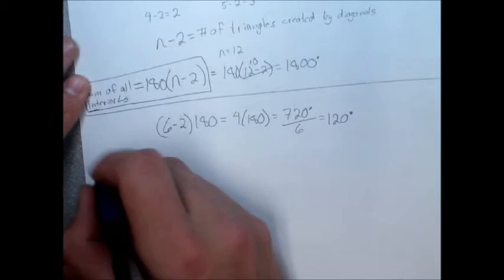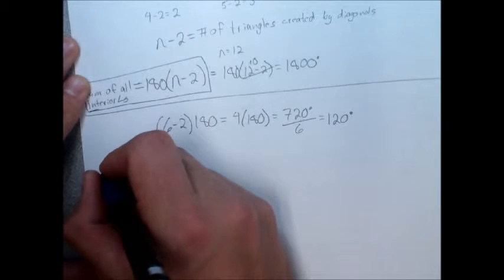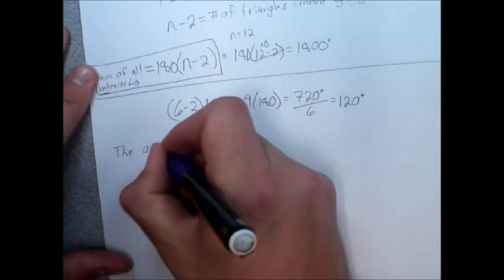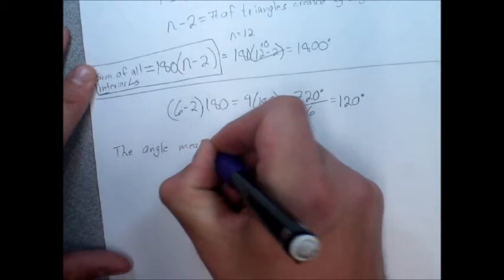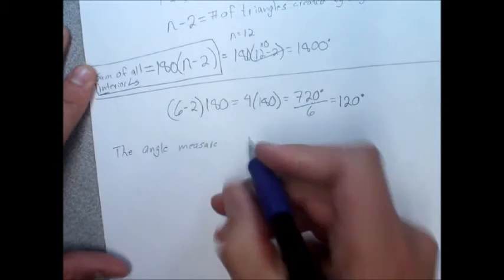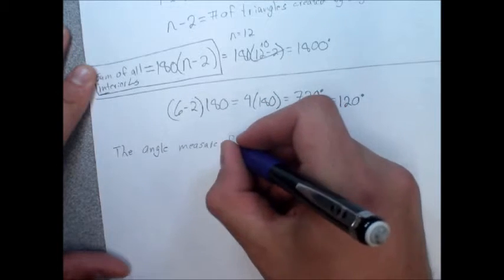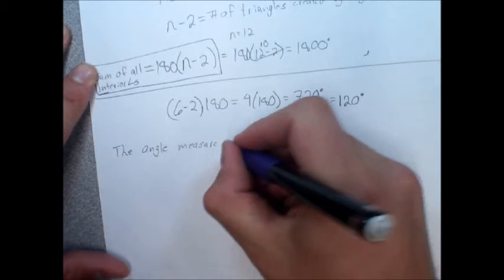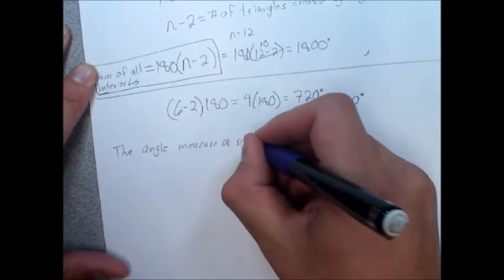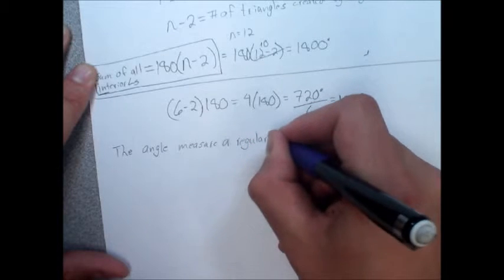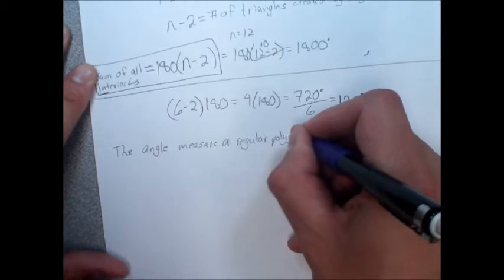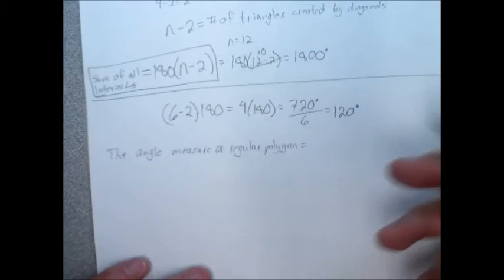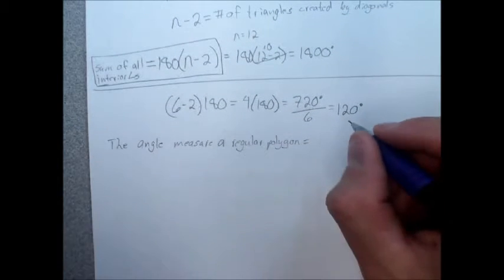So for the angle measure in a regular polygon, you will find that we'll use the same formula, modified very slightly.